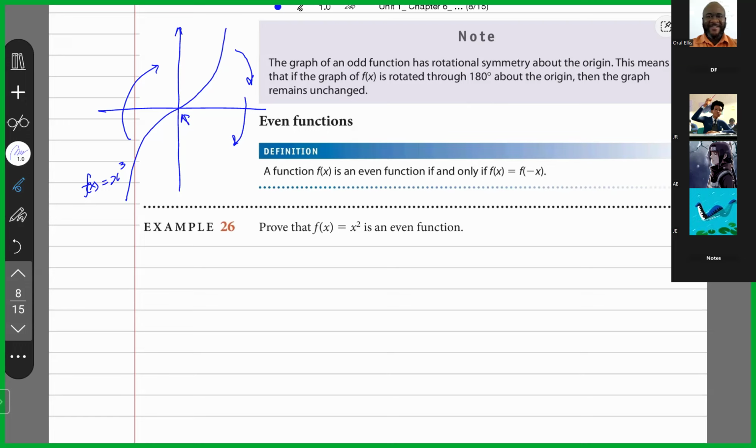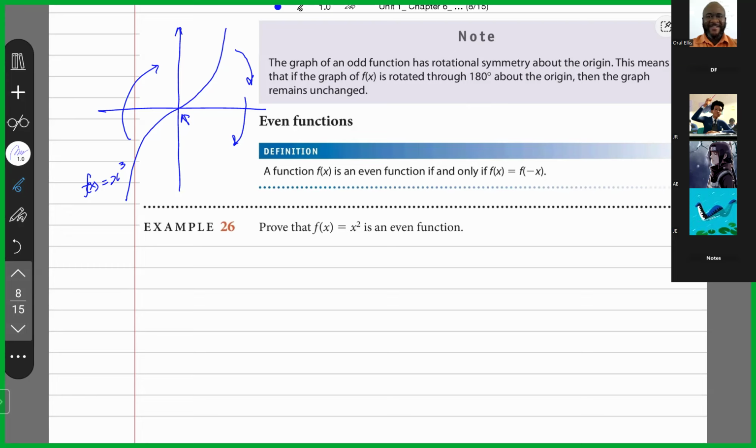In other words, the graph would remain unchanged. So the angle of rotation being 180 degrees and not 360 degrees about the origin for it to have rotational symmetry is true. You rotate an odd function 180 degrees about the origin, both the object and the image would be the same.